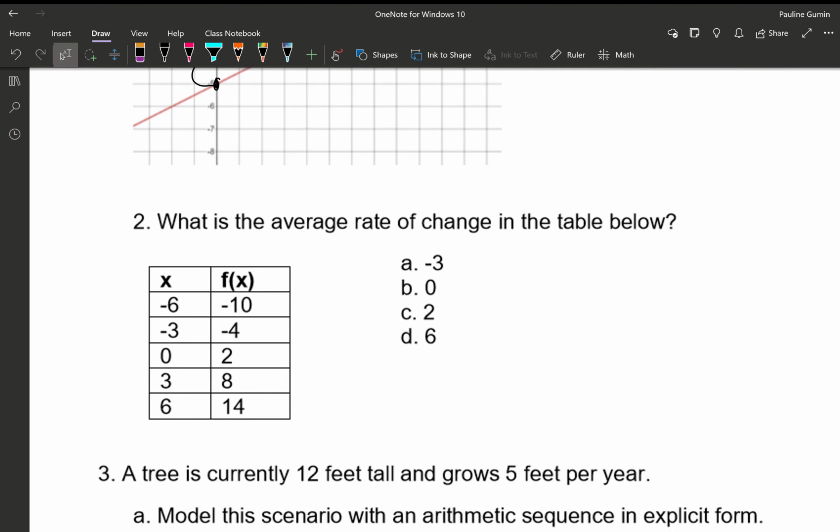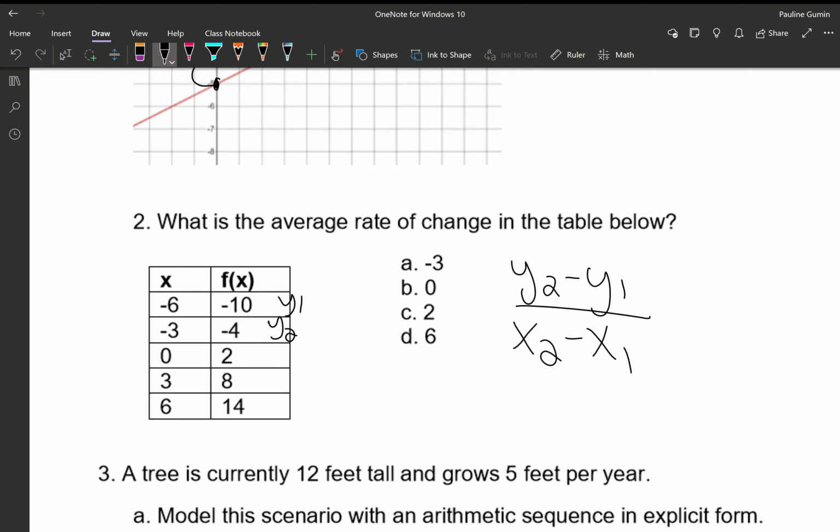Number 2, let's calculate the average rate of change. Now the way we calculate our average rate of change is by using this formula right here. So I'm going to label things y2, y1, x2, x1. All right, let's plug things in. We have negative 4 minus negative 10 over negative 3 minus negative 6.